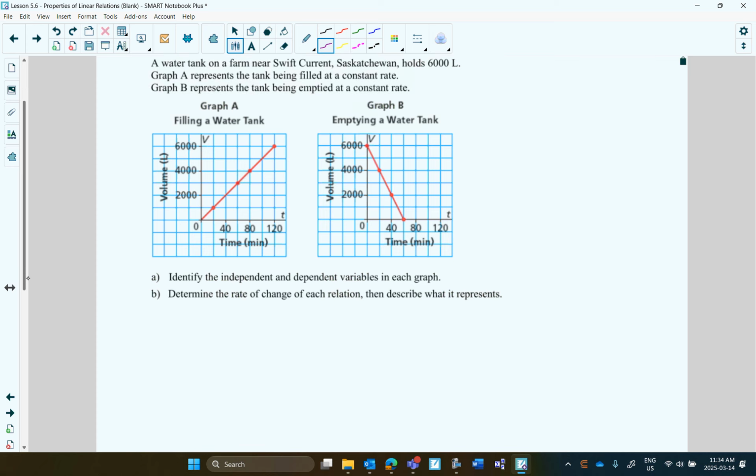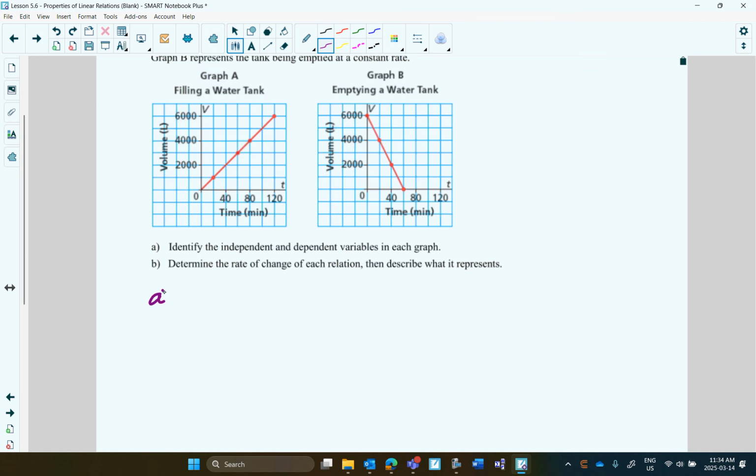So we've got two situations, both with the same independent and dependent variables. The first one shows water filling up in a tank. The second one shows water emptying in a tank. What's the independent variable for both of these graphs? How do you find it?